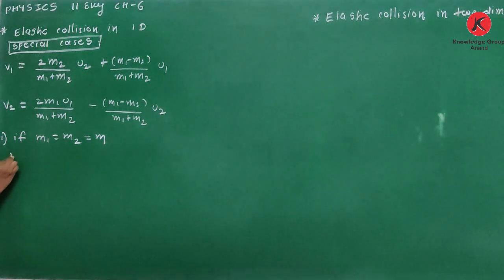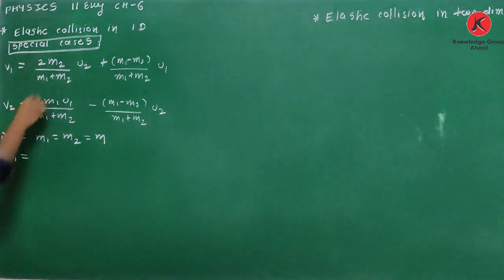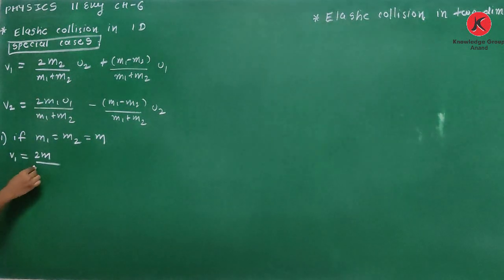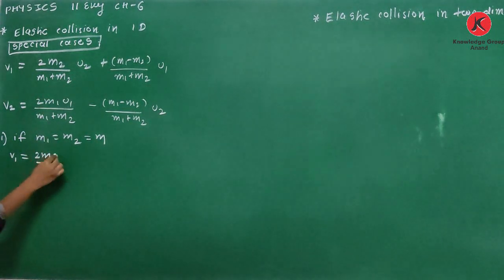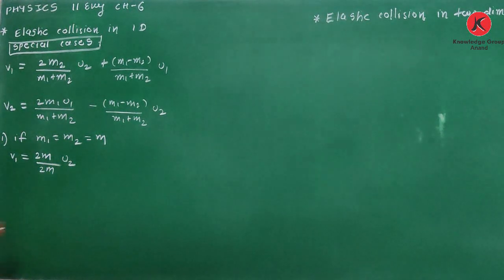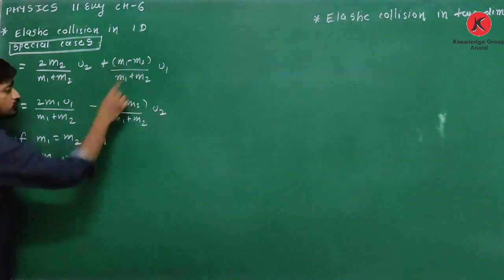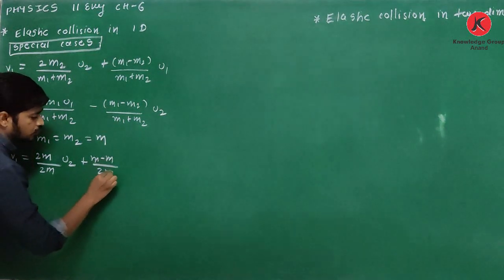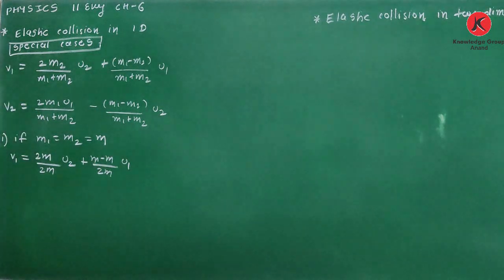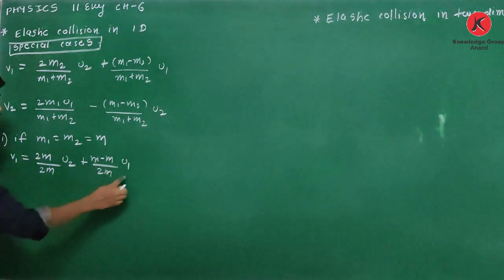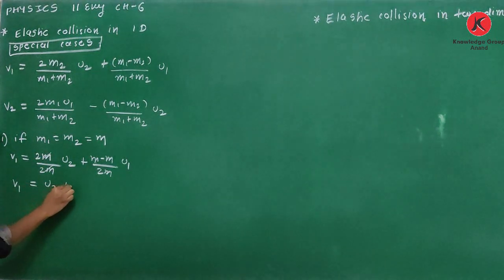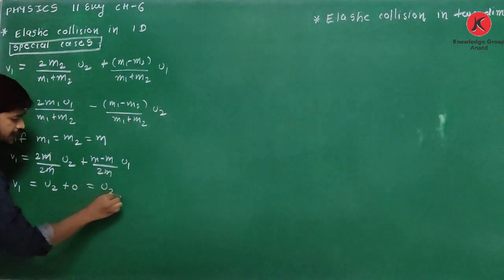See, v1 is equal to 2m upon m1 plus m2, which is 2m, times u2, plus m1 minus m2, which is m minus m, upon 2m, times u1. So m minus m, this whole term becomes 0. 2m upon 2m cancels. So v1 is equal to u2 plus 0, which is only u2.